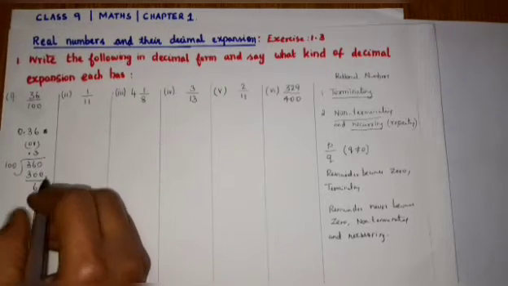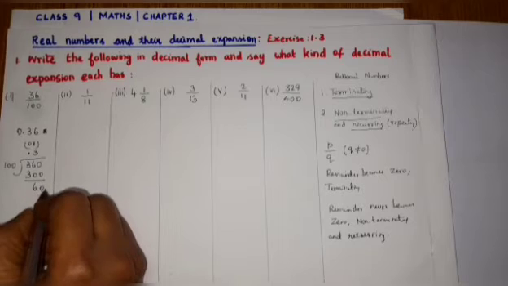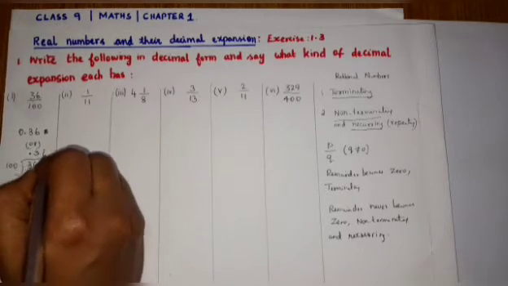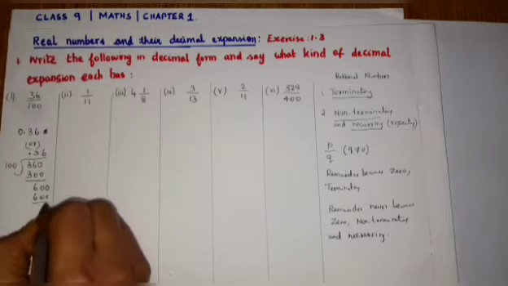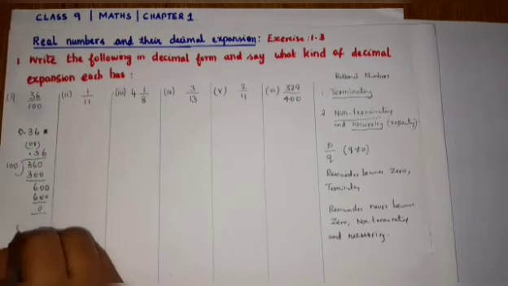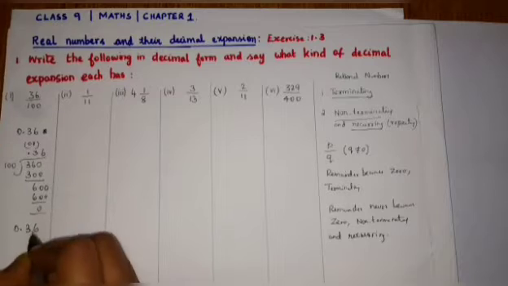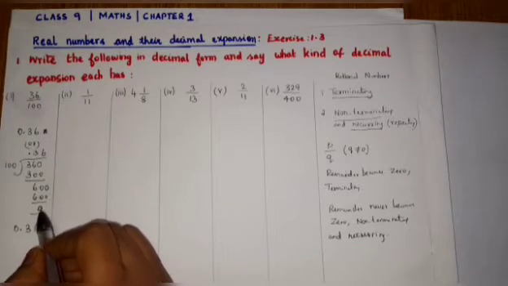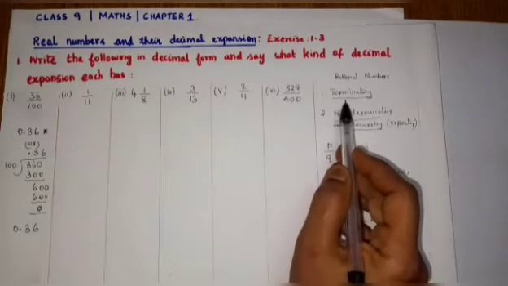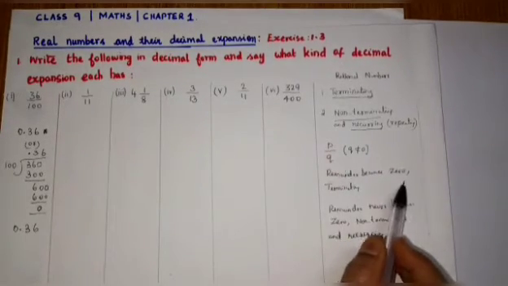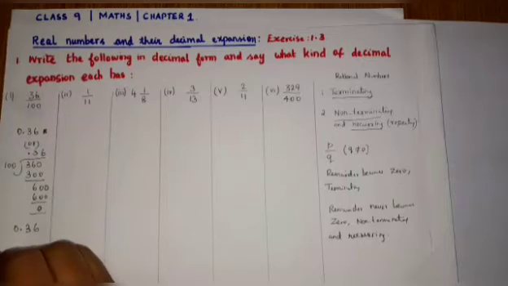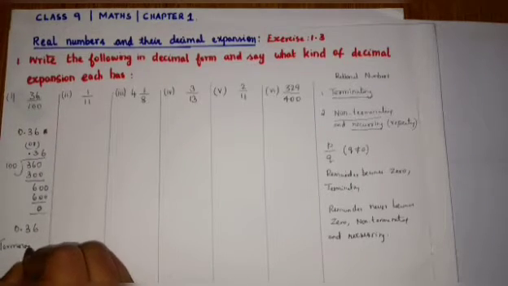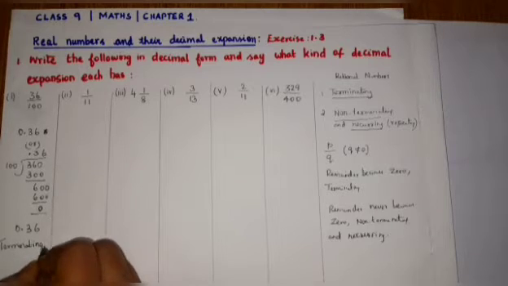You again add 0 to the right of the number. So 6 hundreds are 600. Therefore the answer is 0.36. Here the remainder becomes 0. Therefore, if the remainder becomes 0, that number is terminating. So here you write terminating number.